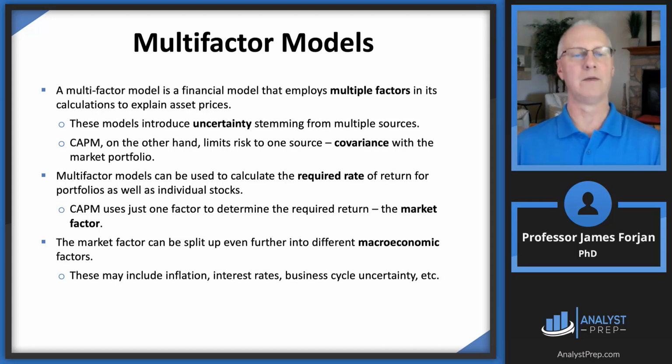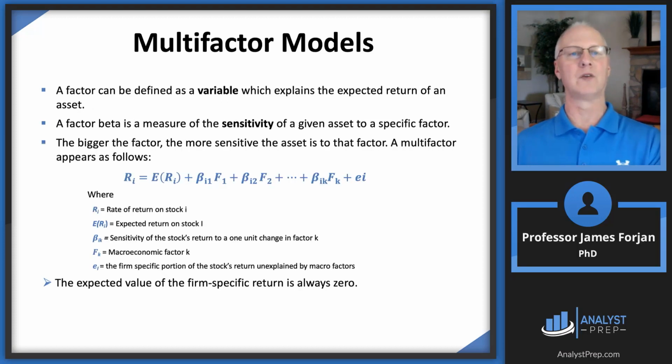Wow, how cool is that? And look at my bottom circle point there. I've got a couple of examples: inflation and interest rate, business cycle uncertainty. What else did I just say? Exchange rates, whether there's a Democrat or a Republican in the White House. All sorts of factors that will play a role in determining the rate of return that you can reasonably expect to get out of a share of stock or a portfolio of stocks.